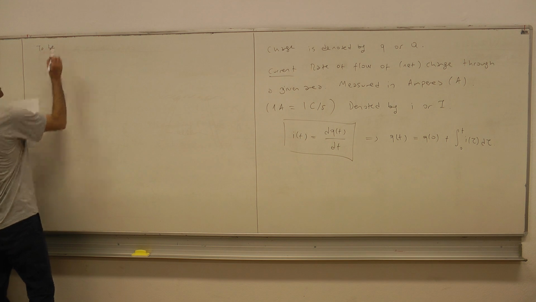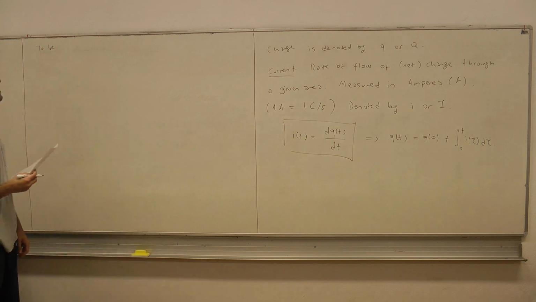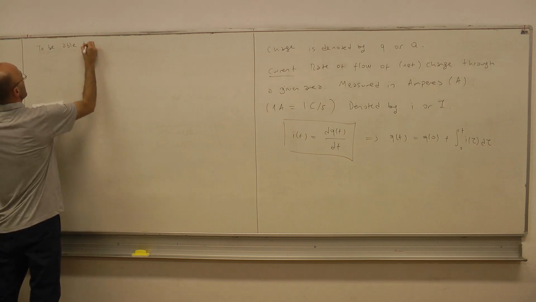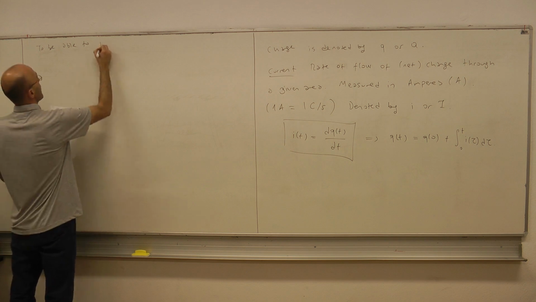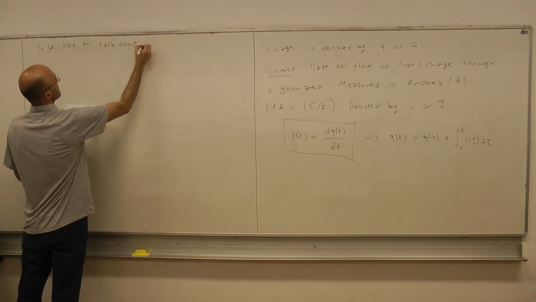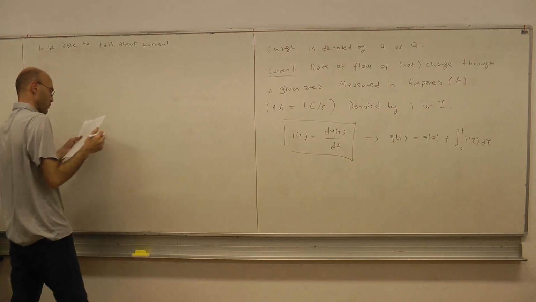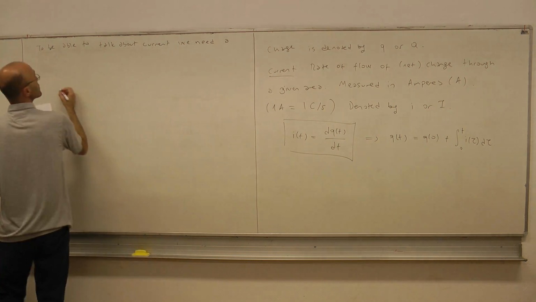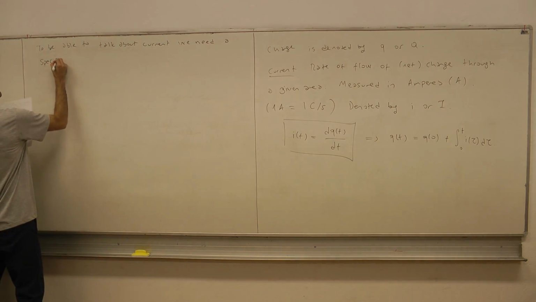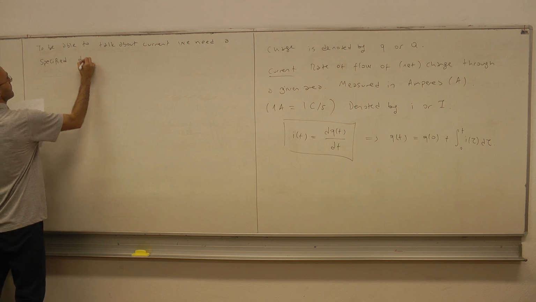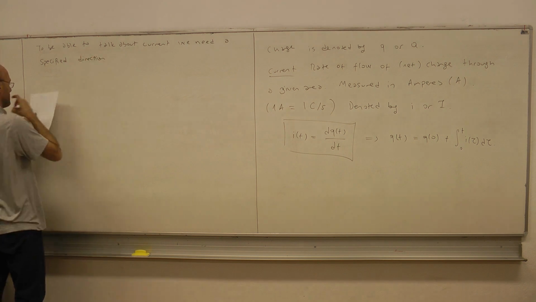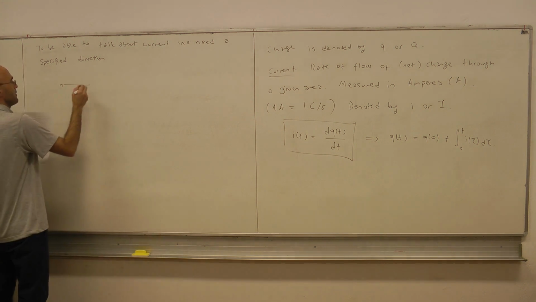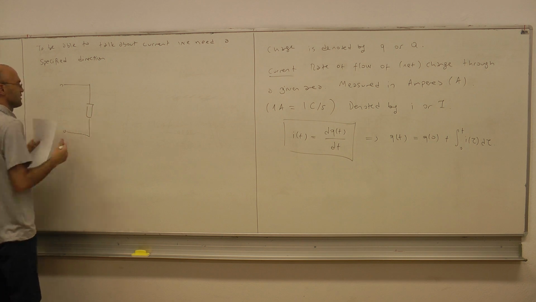Okay. So let's first make our definition close to precise, to be able to talk about current. We need a specified direction. For instance, suppose that we have some component.